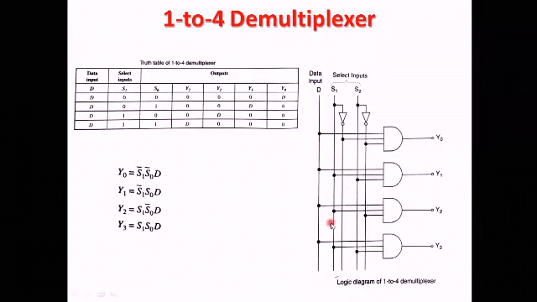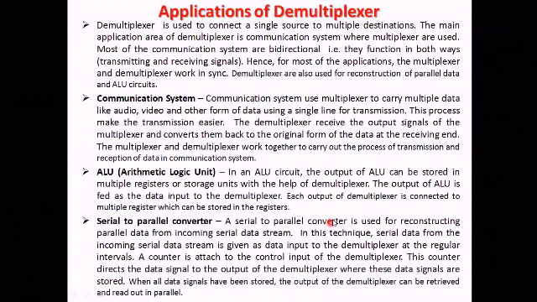Next, moving to the next slide, we have come to the end of the demultiplexers, that is, the applications of demultiplexers. A demultiplexer is used to connect a single source to multiple destinations. The main application area of the demultiplexer is the communication system, where multiplexers are used.